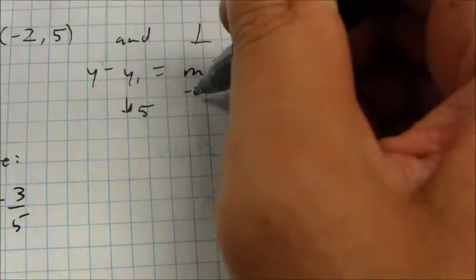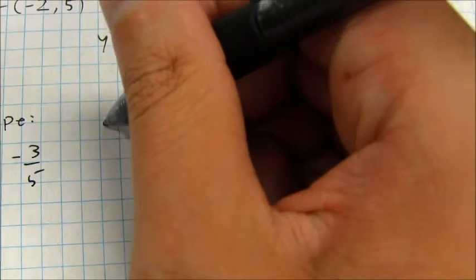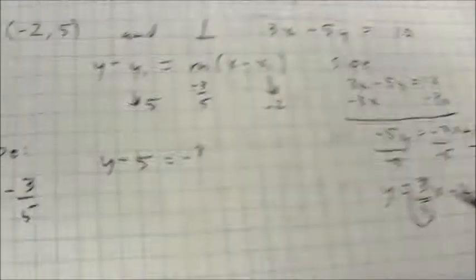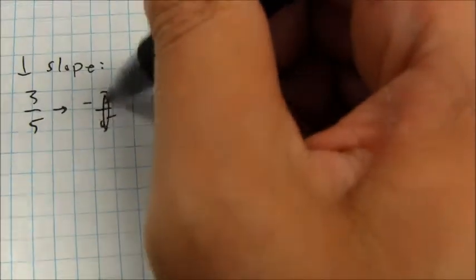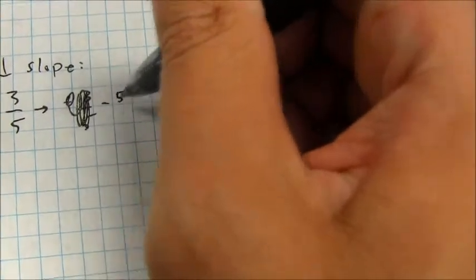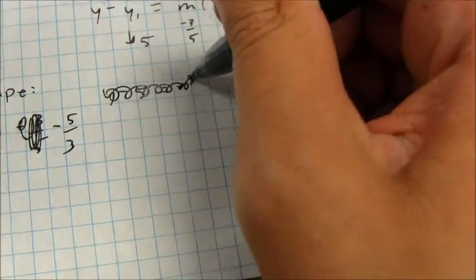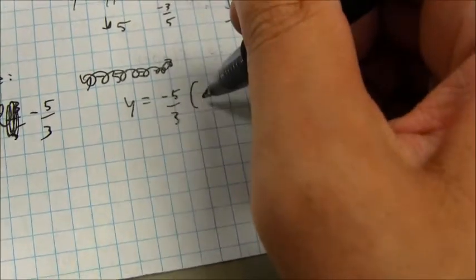And that, of course, is my missing value that gets filled into my equation. So final equation is going to be y minus 5 equals negative, oh, I'm sorry, wait a second, opposite reciprocal. Sorry, it should be negative 5/3. So it'll be y minus 5 equals negative 5/3 times, gotta slow down when I'm doing this, sorry.